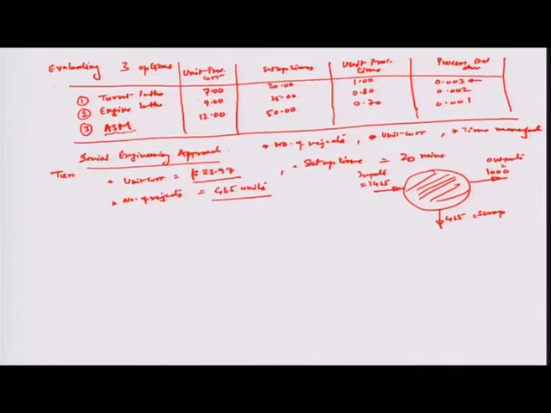So, let us say we are evaluating alternative 1 for the serial engineering approach, and now we would like to also calculate the manufacturing lead time. So, let us just do that. Manufacturing lead time for the serial engineering approach is the total amount of setup time utilized plus the number of units turned on the turret lathe, the first option, times the time per unit on the turret lathe.